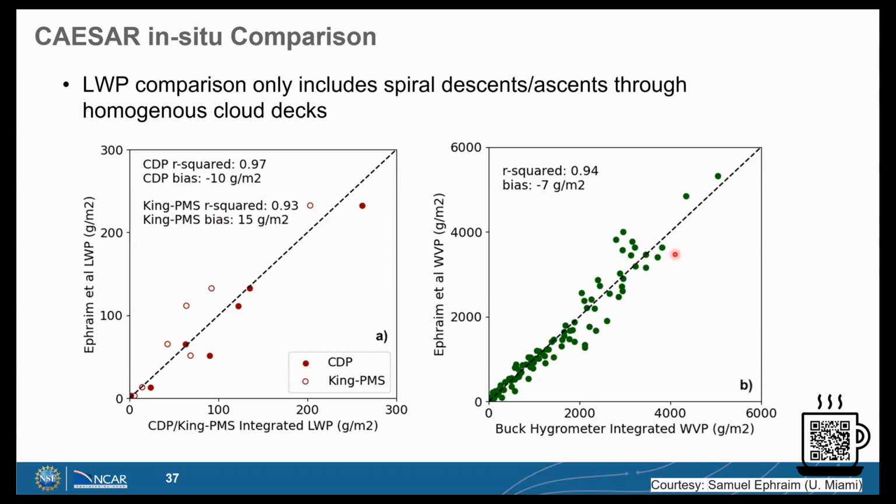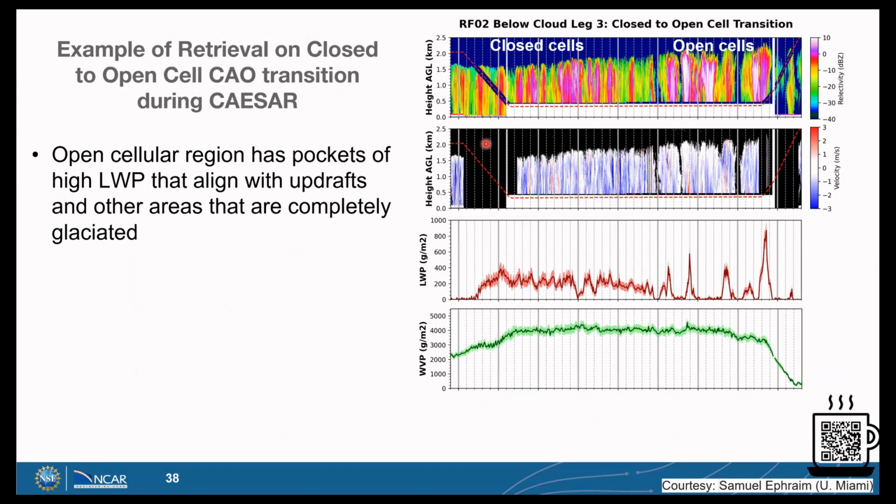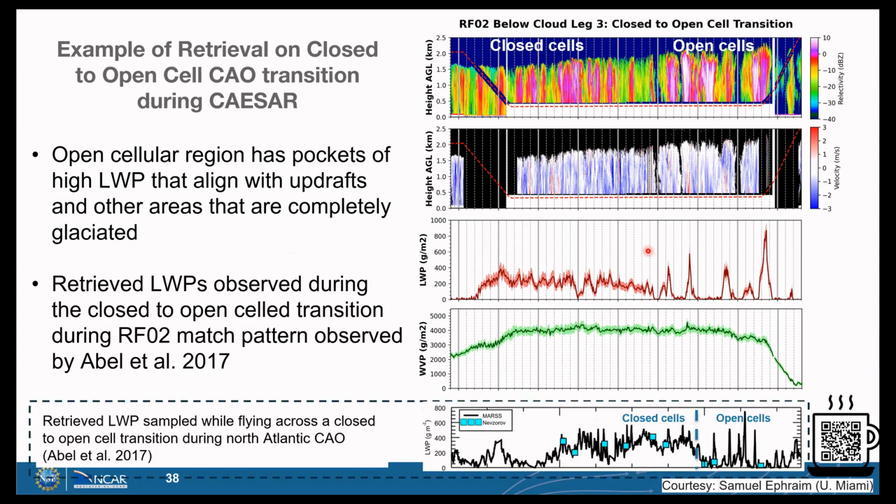And then this is the water vapor path comparison, and that also looks quite good. And this is a nice example of a transition from closed to open cells during CAESAR, the cold air outbreak experiment, where the reflectivity is shown at the top here. This is closed cells. You can see that there's really no gaps between them. And then we transition to this more open cellular regime.